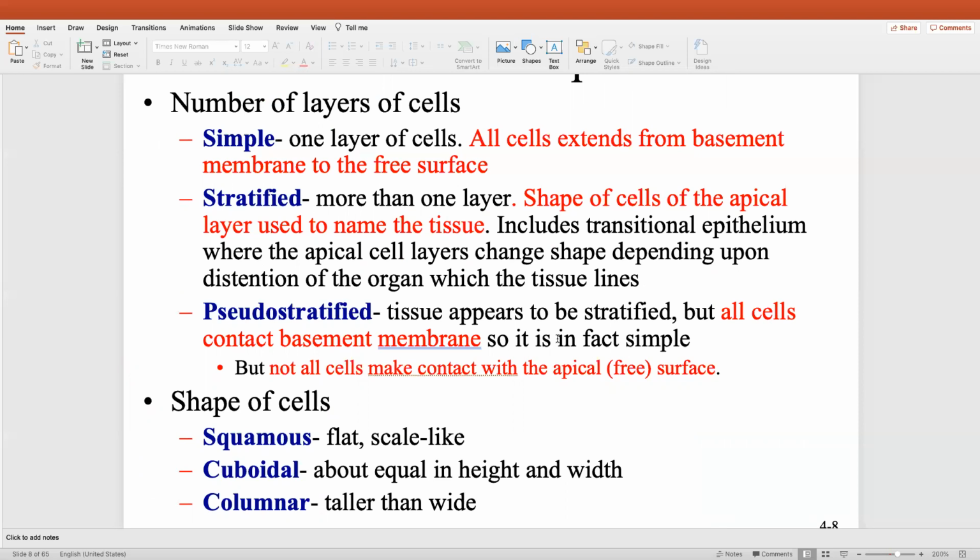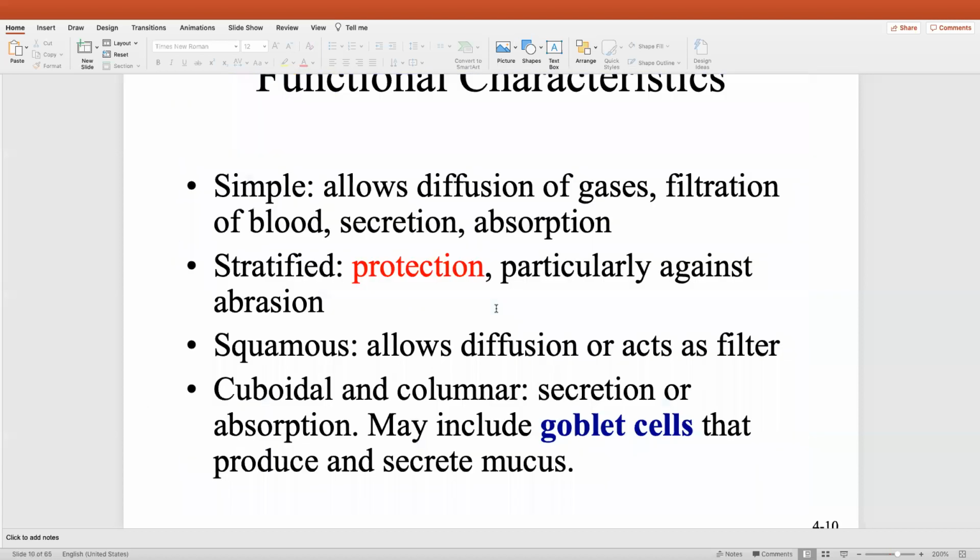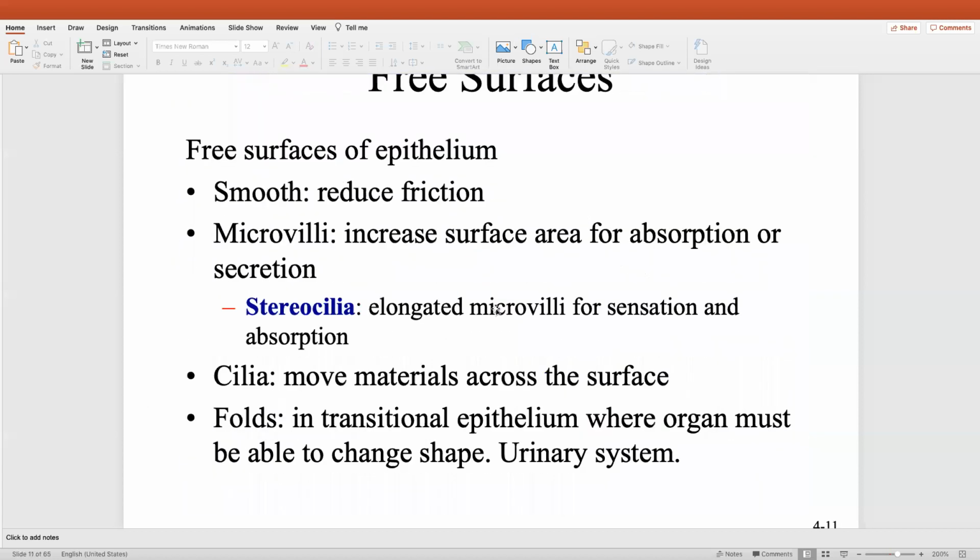Again, once we talk about the stratified squamous in a second, you'll see that there are cells anchored to the basement membrane, but there are a lot of cells that are floating away from it, no longer making contact with the basement membrane, right? In pseudostratified, all of the cells are connected to the basement membrane. Because of it, it's simple, right? So pseudostratified looks stratified, but in reality, it is a simple layering of cells. Only one cell layer.